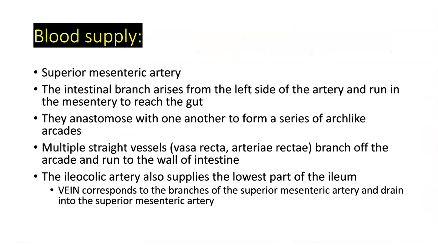Blood supply: from the superior mesenteric artery, the intestinal branches arise from the left side of the artery and run in the mesentery to reach the gut. They anastomose with one another to form a series of arc-like arcades. Multiple straight vessels, the vasa recta, branch off the arcades and run to the wall of the intestine. The ileocolic artery also supplies the lower part of the ileum.